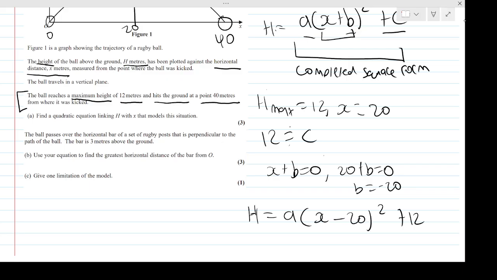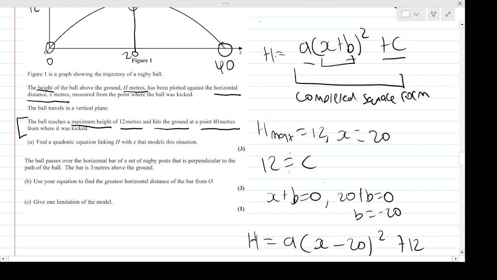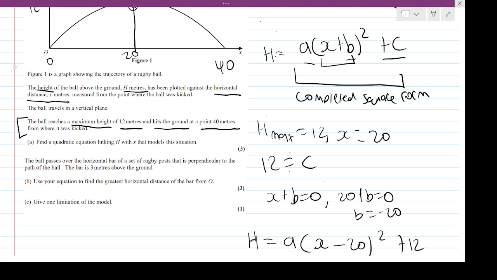But we need something to work out a. Let's think a bit more. We worked with the turning point, but the other idea is to work with the other points that we know.